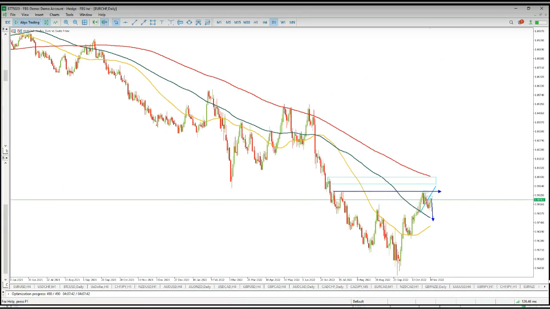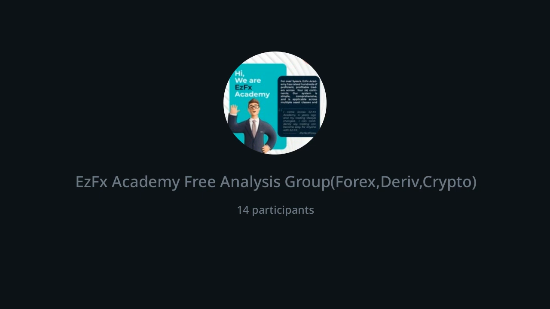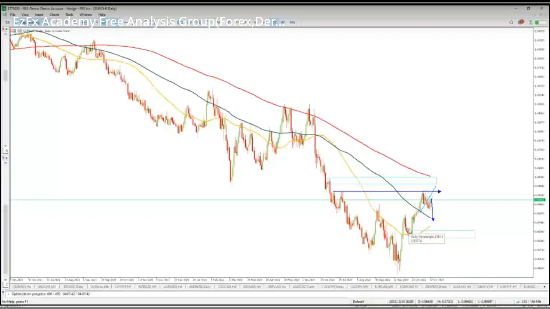So that leaves us with the option of price coming into this high probability block coupled with the 200 moving average, and the possibility of a divergence from these two highs, and that will take us all the way down, possibly to somewhere around this area, so that price can come and fill up this imbalance over here. So that is my bias on USDCAD.